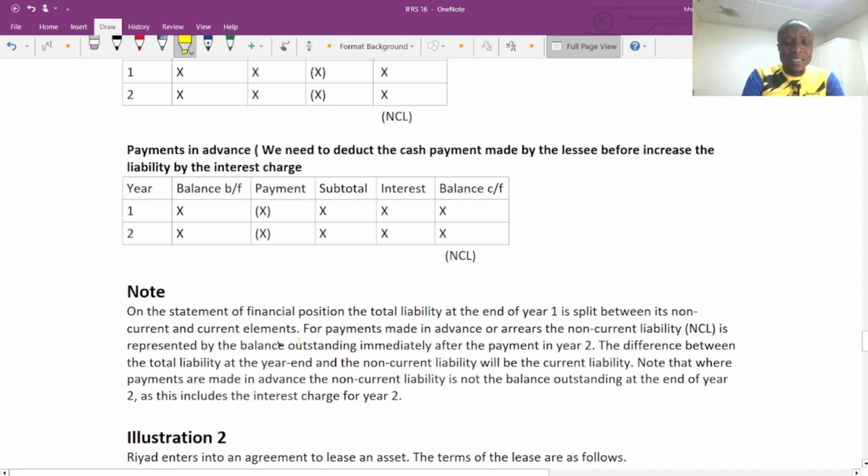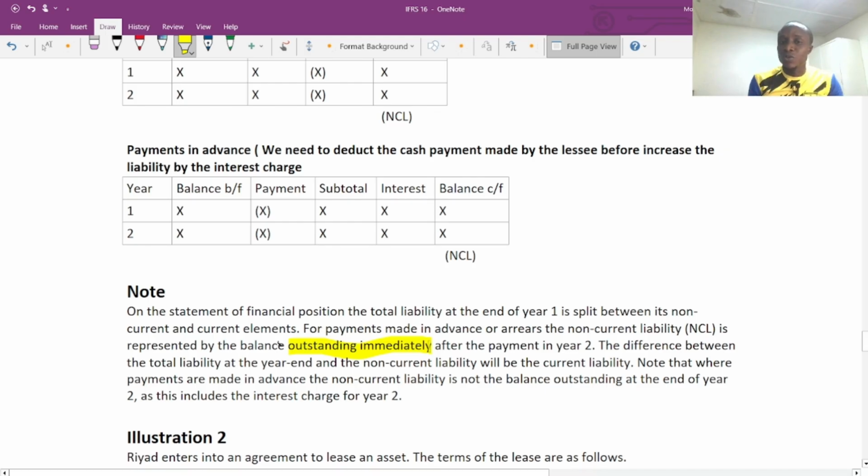So we are looking at the balance after the payment. That's the key aspect that we need to know. The balance after the cash payment is the point that we are going to use to split between the current and the non-current liability.